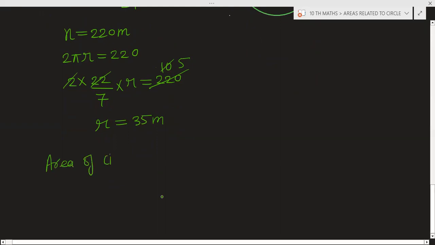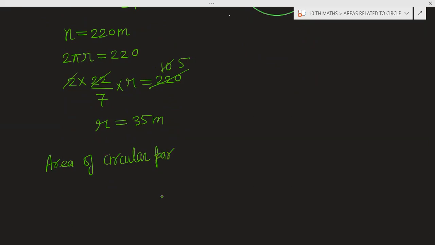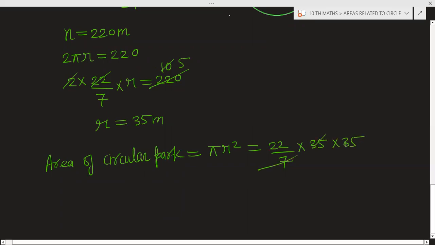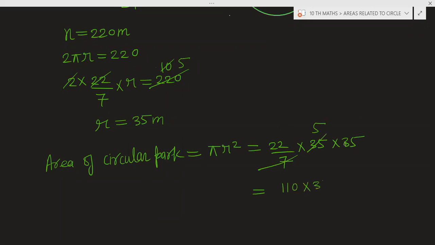From here you can calculate the area of the circular park. Area of circular park is pi r square. Pi is 22 by 7, r square means 35 multiplied by 35. So you cancel this out and you will get 22 fives 110 multiplied by 35.